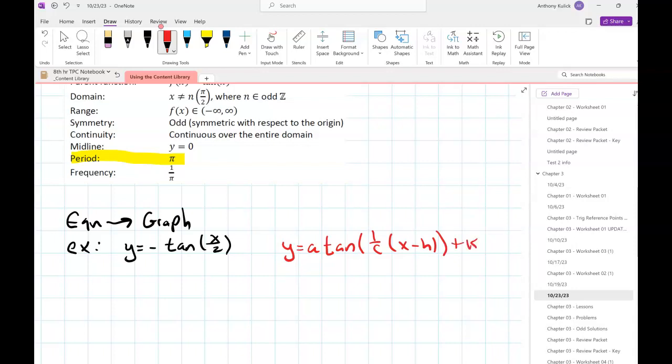So just like any other graphing problem, I'm going to start by obtaining my values for A, C, H, and K by rewriting my original problem in that transformation form. So if I do that, I'd say I have negative 1 times tangent of 1/2 times x minus 0 plus 0.